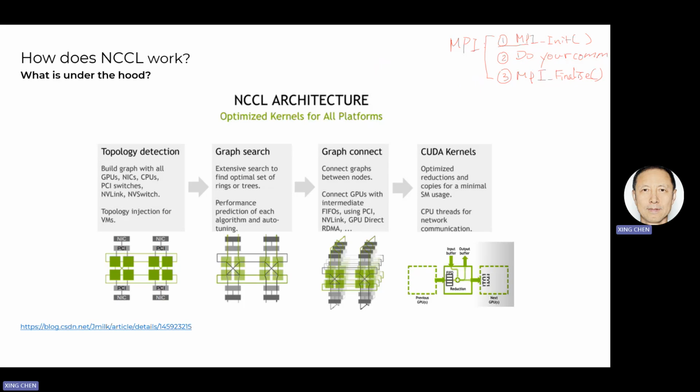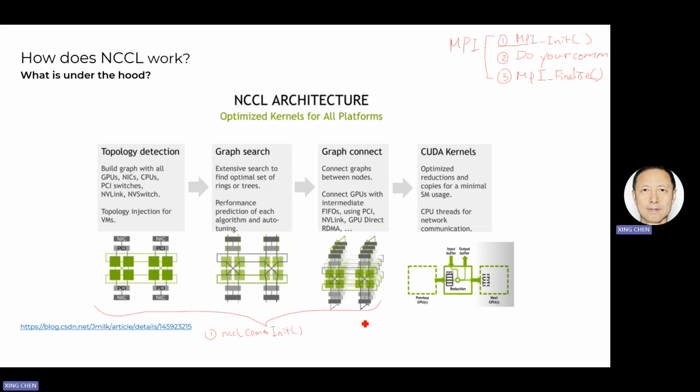But this is not the case for the NCCL communication library. The NCCL communication library is very similar to the MPI library, because you still need to have three steps to carry out your communication. The first one is the same as MPI, called NCCL initialization, something like this. What's that? It's the same thing.